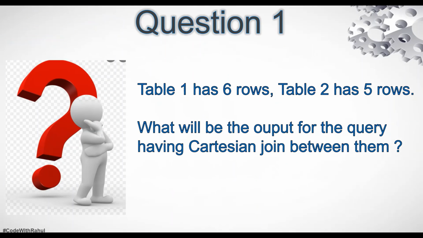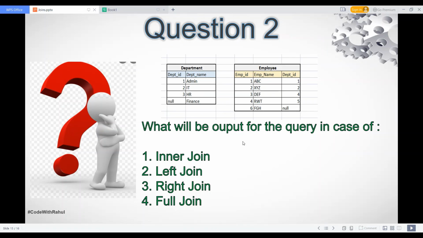Guys, I have some questions for you. Let's suppose table 1 has 6 rows and table 2 has 5 rows. What will be the output for the query having Cartesian join between them? And the second question is, there are two tables, that is department and employee. You can observe that I have inserted one more row in both the tables with value null.